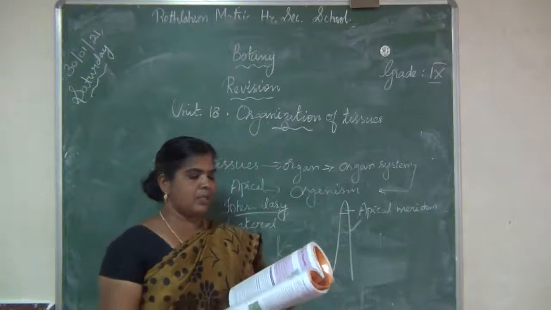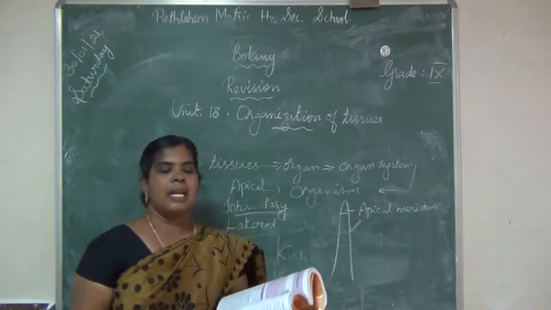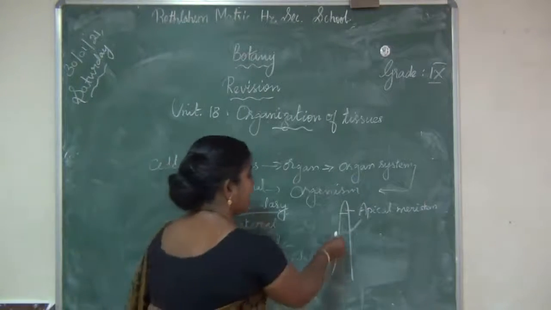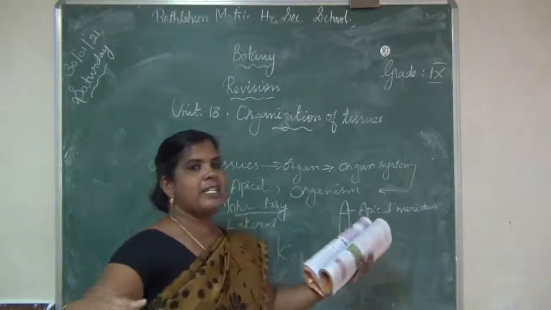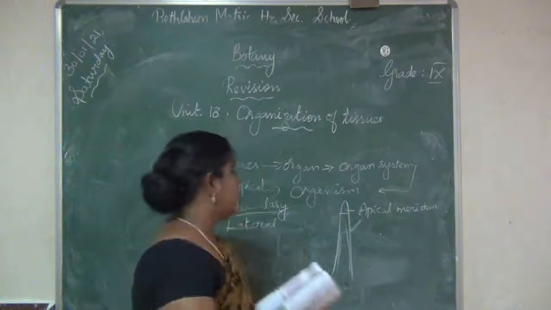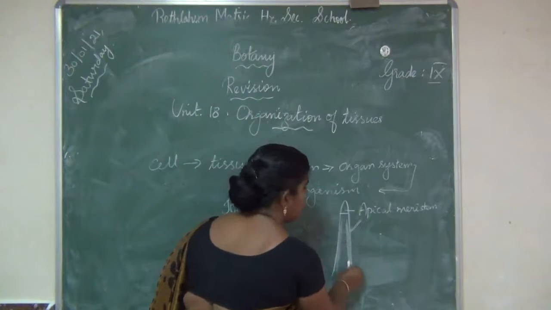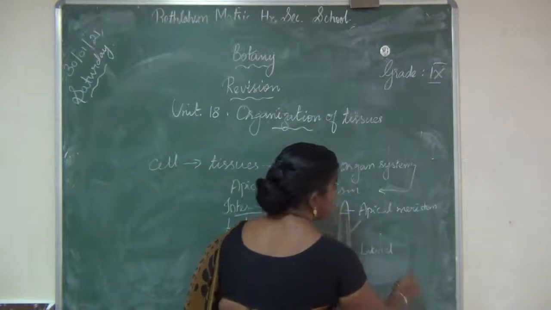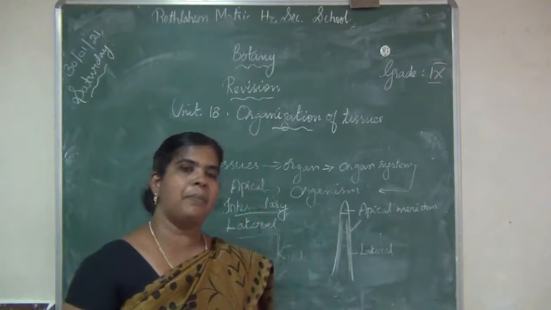Okay. What is the next type of meristem? Lateral meristem. These are arranged parallel, at the lateral sides of the stem. So it helps to increase the width of the stem, isn't it? This lateral meristem helps to increase the thickness of the plant part.